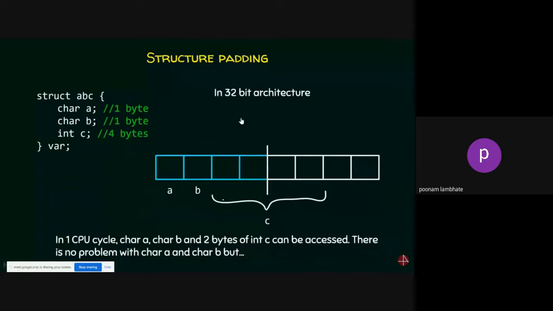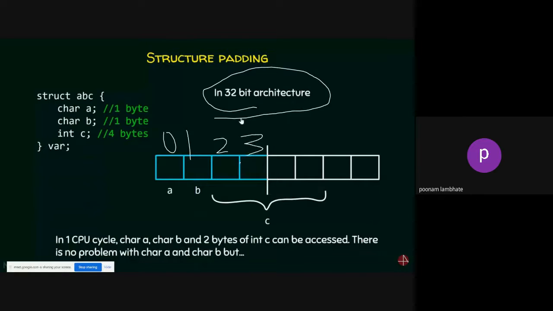The reason is the CPU cycle, that is, each time that you're doing that process. In the first cycle, what will happen? Four locations will get read in a 32-bit system. At a time, you can read four locations. That means locations 0, 1, 2, and 3 will be read at a time.